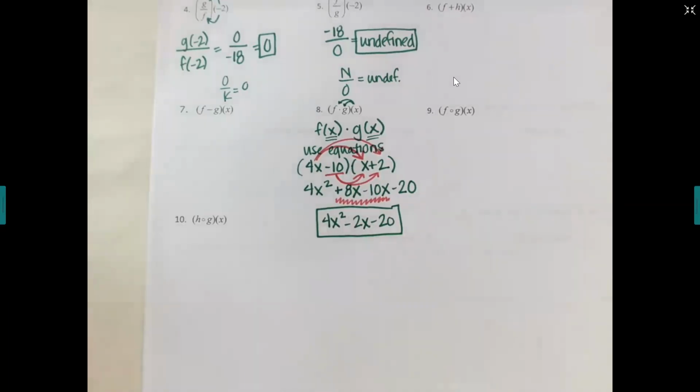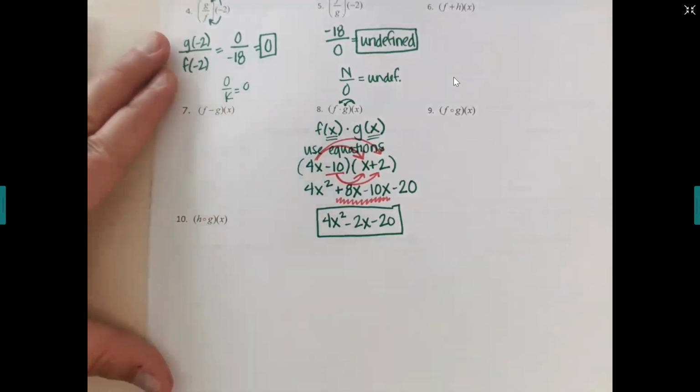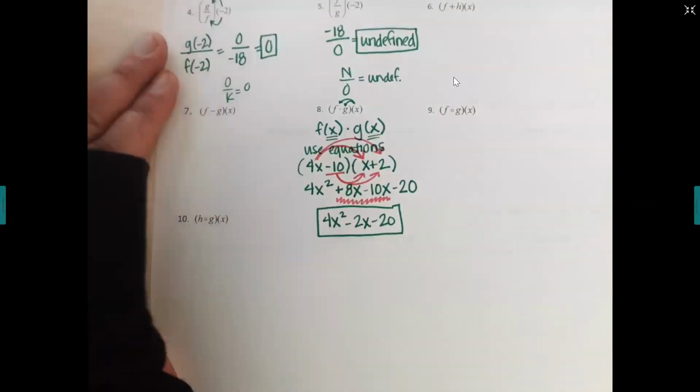All right, go ahead and write out number 7 for me. I'm not going to necessarily do it, but I want you to just start it. Okay, number 7, please. Okay, so far is this right?